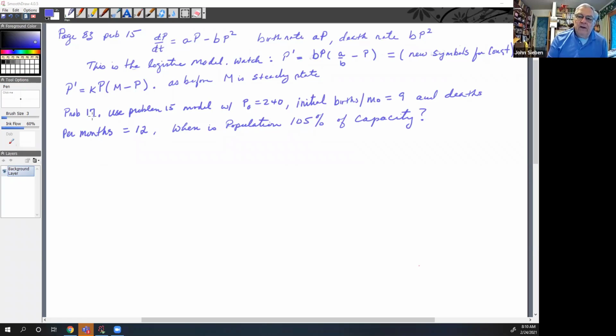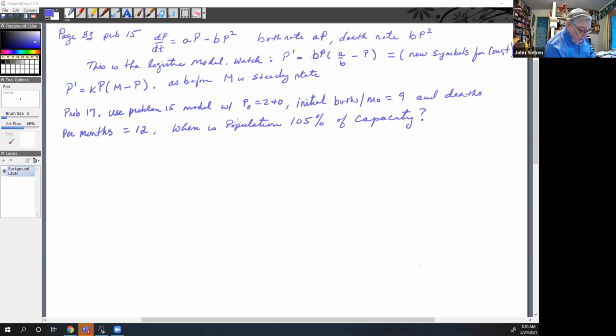Problem 17, same page, says to use problem 15 to model this situation. Let me get my textbook. Consider a rabbit population, P, satisfying the logistic equation of problem 15.